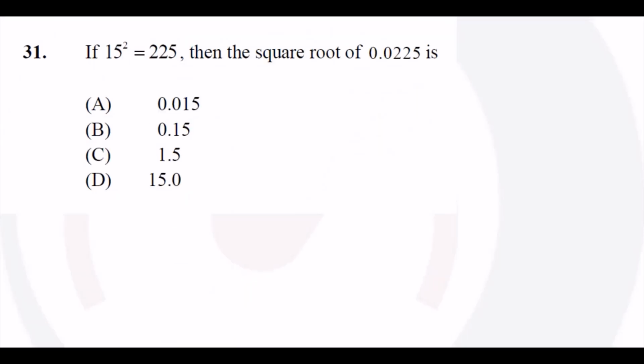Question 31. If 15 squared is equal to 225, then the square root of 0.0225 is? So we know that 15 squared is 225.